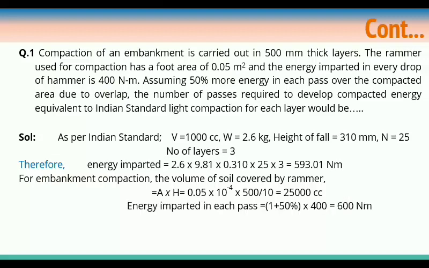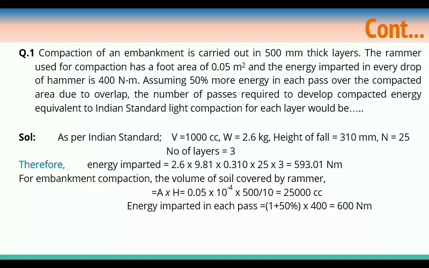So the energy imparted in that case: in each drop you get 400 Newton meter, but there is 50% more energy in each pass over the compacted area due to the overlap. So we calculate the total energy imparted in each pass: (1 plus 50%) into 400.